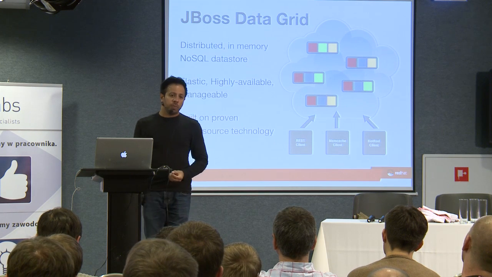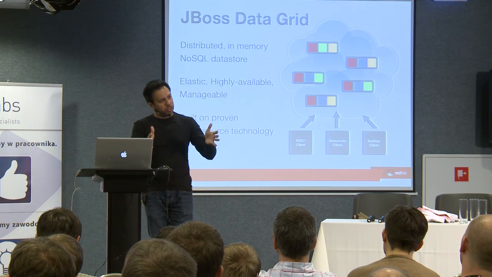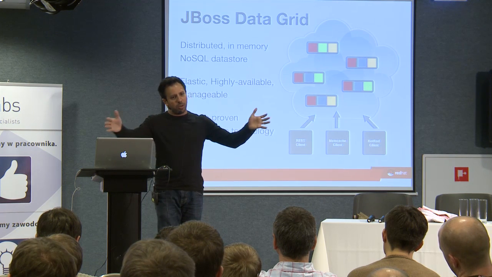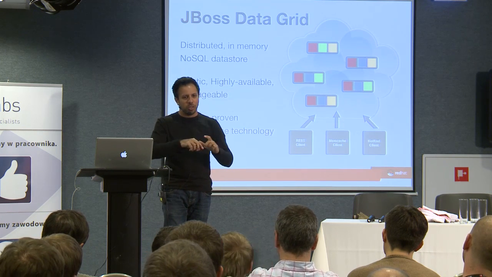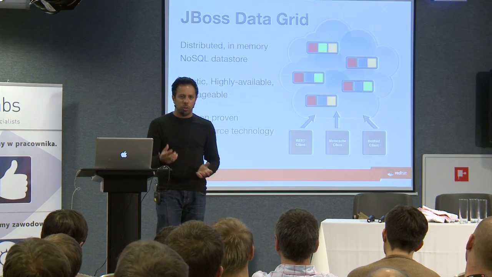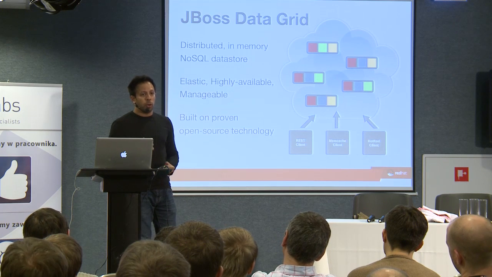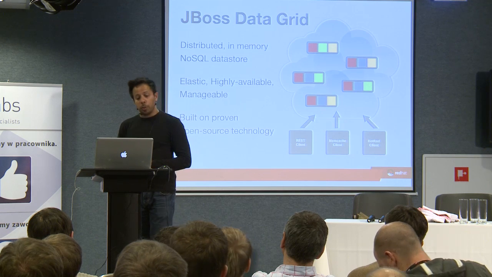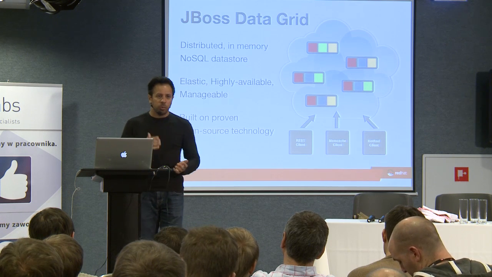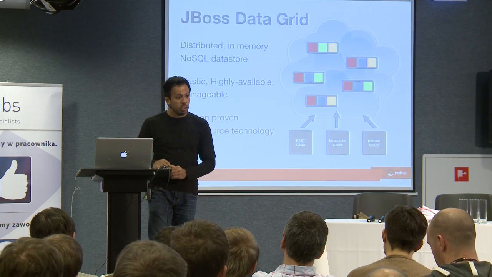And the JBoss data grid is manageable as well through that same admin console, which is great. It means that you get to see your entire data grid in one web-based console. You can fire up more nodes, shut down nodes. You get alerts as to what's happening on each node. It's all pretty cool stuff from an operational point of view. And like I said, JBoss data grid is built on top of Infinispan, which is the open source version of it.